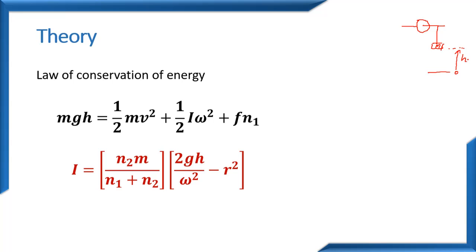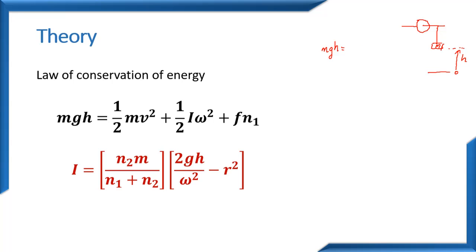Therefore, the gravitational potential energy stored in this mass will be equal to mgh. So this is wound over here. This is the potential energy of the entire system right now.